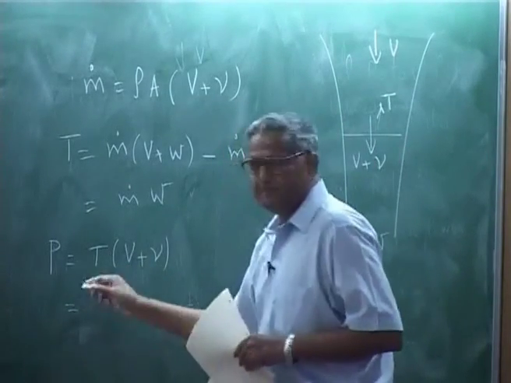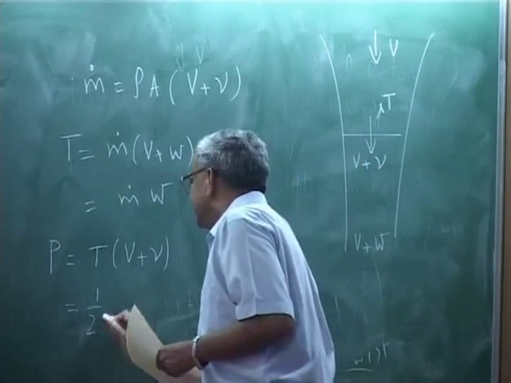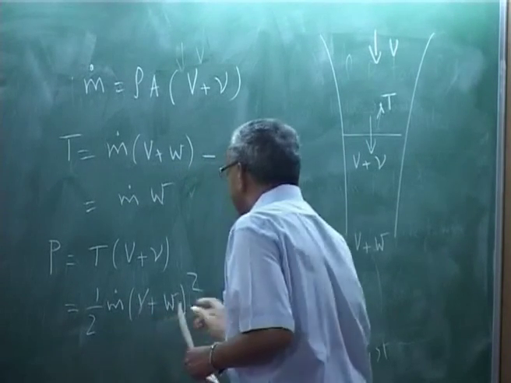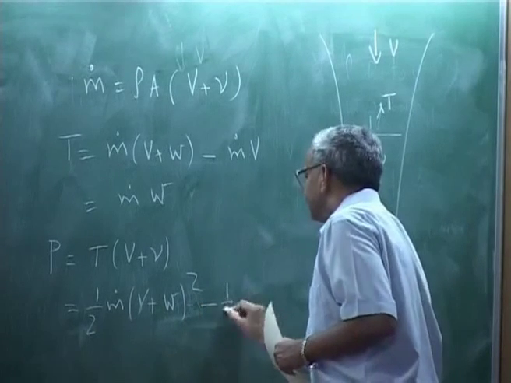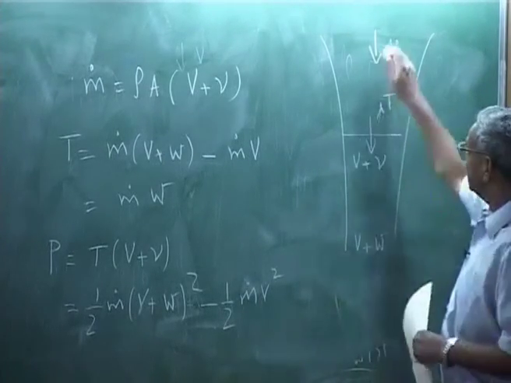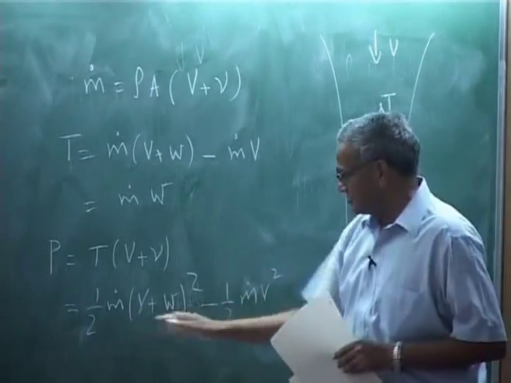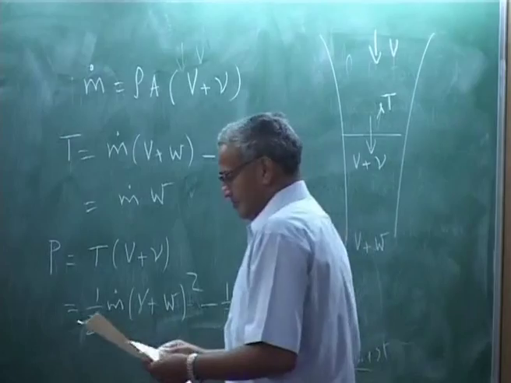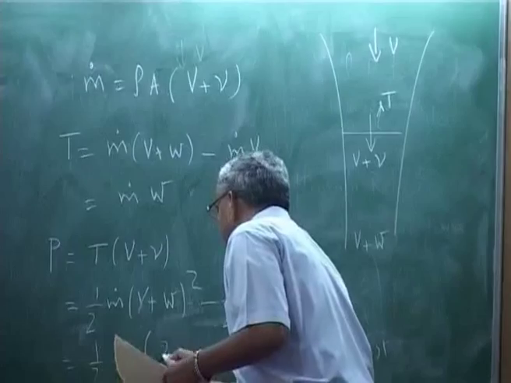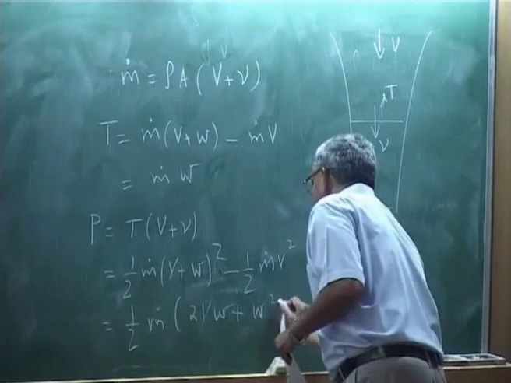This is change in the kinetic energy. Here kinetic energy is half m dot (V plus W) square minus half m dot V square. Okay, because final kinetic energy minus initial kinetic energy. Now, you simplify this, you will have basically half m dot (2 V W plus W square).